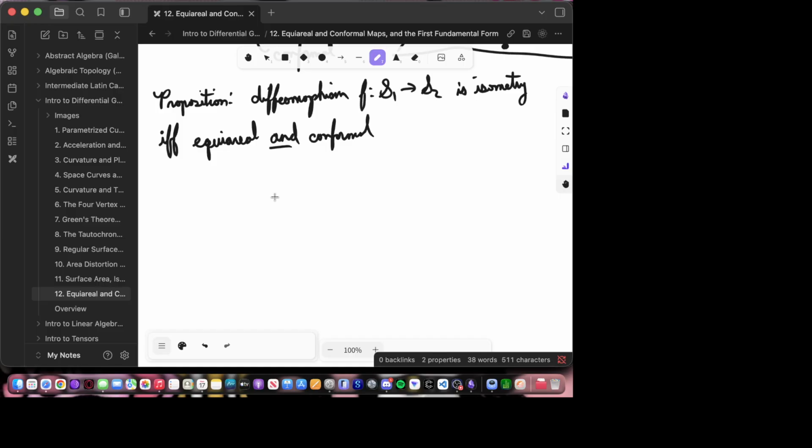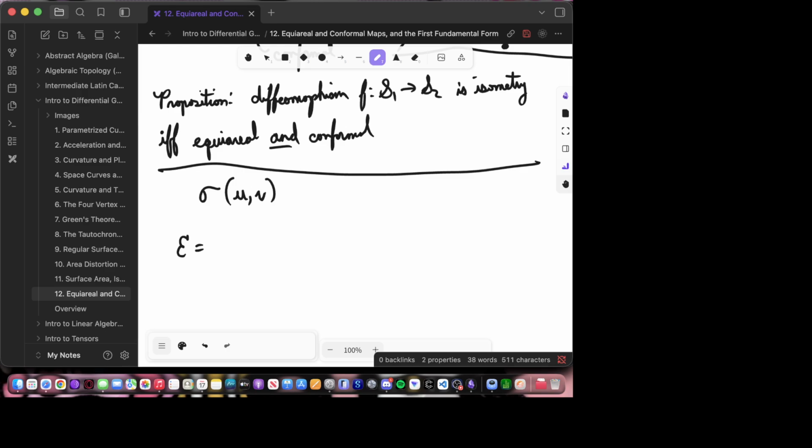So let's go over a little bit of notation. We already know surface patch sigma, the notation for that, and its partial derivatives. So let's say that we have sigma as a function of u and v. Then we define the following.